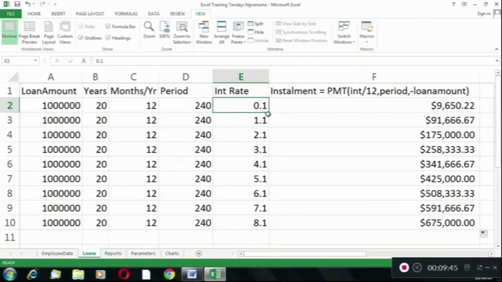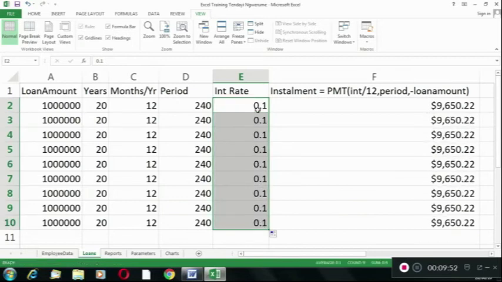But what we want to do is to make sure that the interest rate remains 0.1 throughout. So you simply drag it again as an individual field from top to bottom.